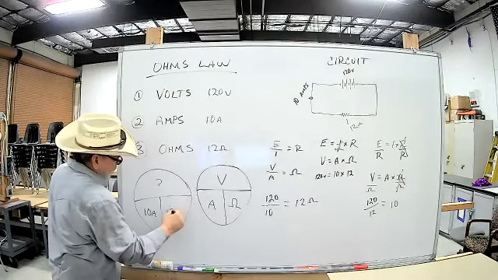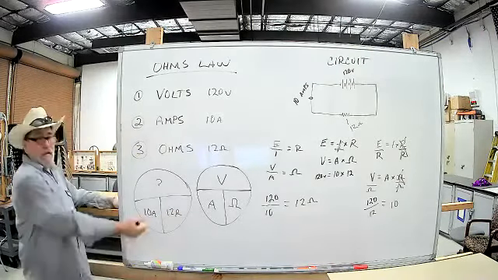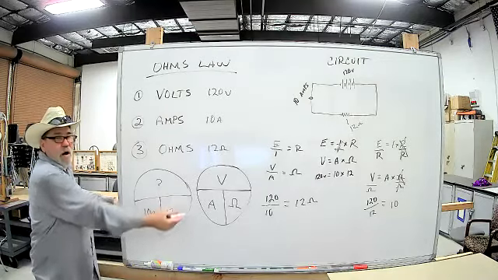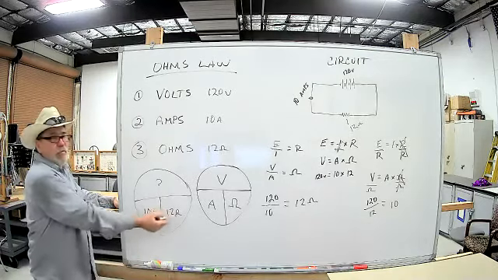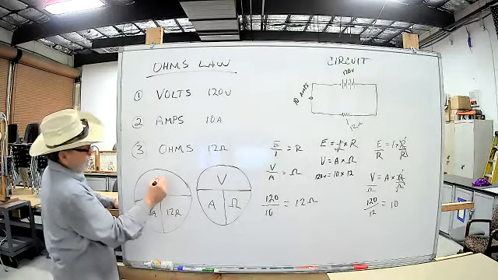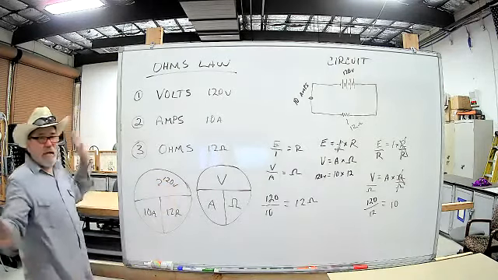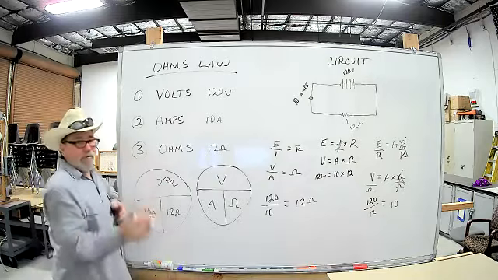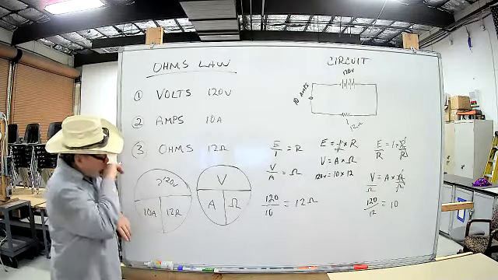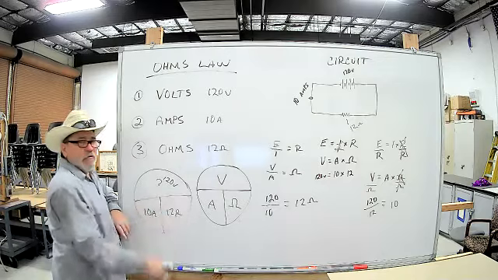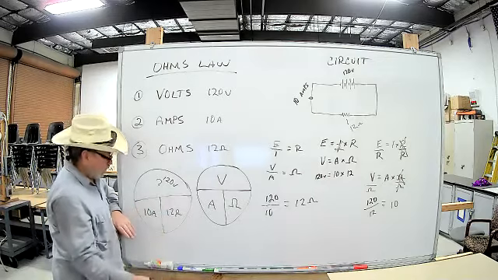So then all you got to do is multiply these two straight across. 10 times 12 equals 120 volts. Works every time, no matter what numbers there are. So you just got to multiply those two on the bottom. That's all you got to do.